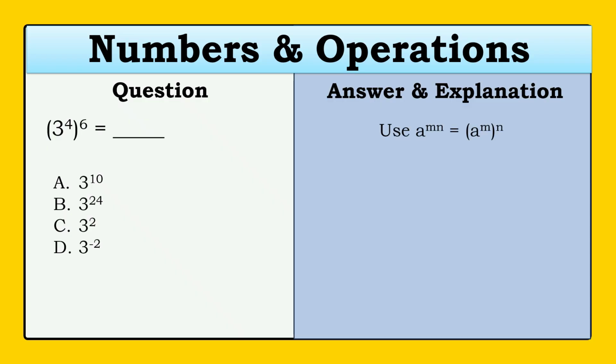First, we're going to use the laws of exponents. a raised to the exponent of m, raised to the n power, is equal to a to the m times n. So 3 to the 4th, raised to the 6th power, is equal to 3 to the 4 times 6. And the final answer is 3 to the 24th. And this is letter B.